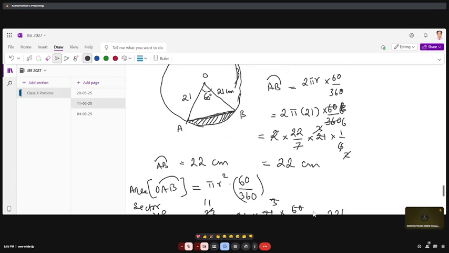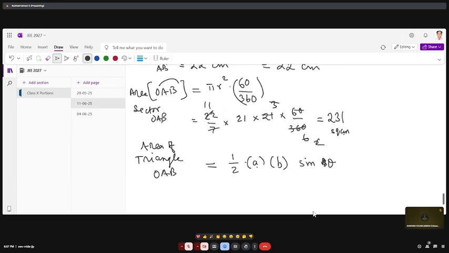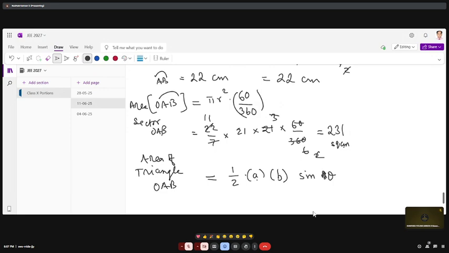Half into A into B, the side A into side B, into sine theta, the angle between these two sides. That is the formula for area of triangle.